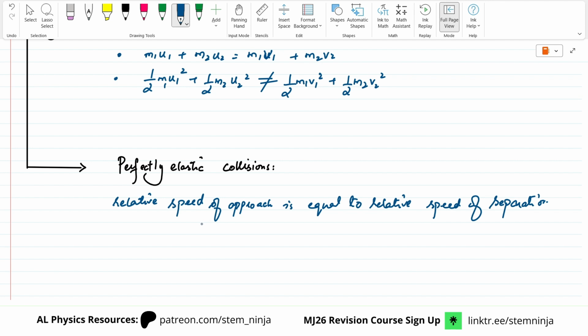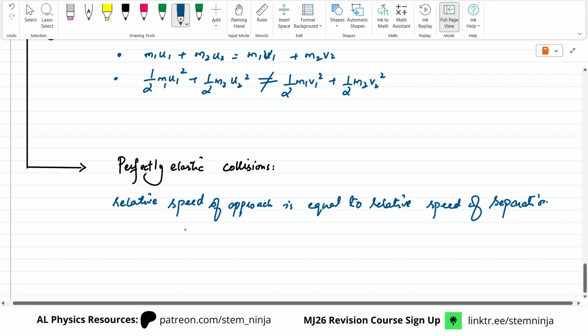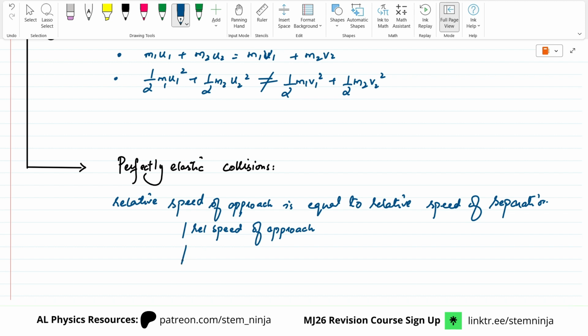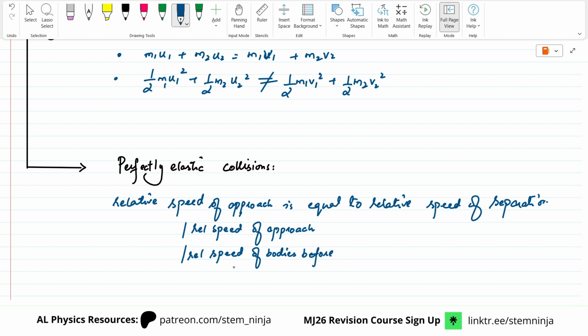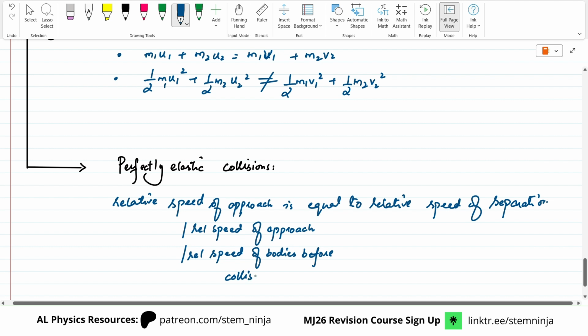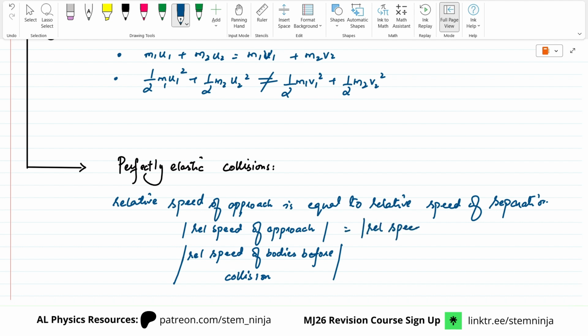What this means is that they're talking about the magnitude, that the magnitude of relative speed of approach, you can also call it the relative speed of bodies before collision, equals the relative speed of separation.